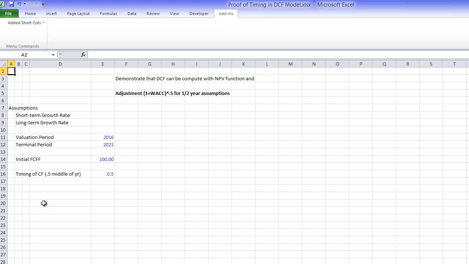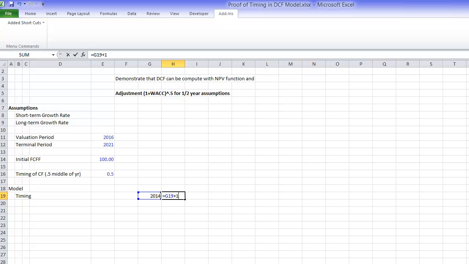Okay, now we'll make our model. Now to start the model, let's put some timing. And why don't we start our model in, how about 2014?